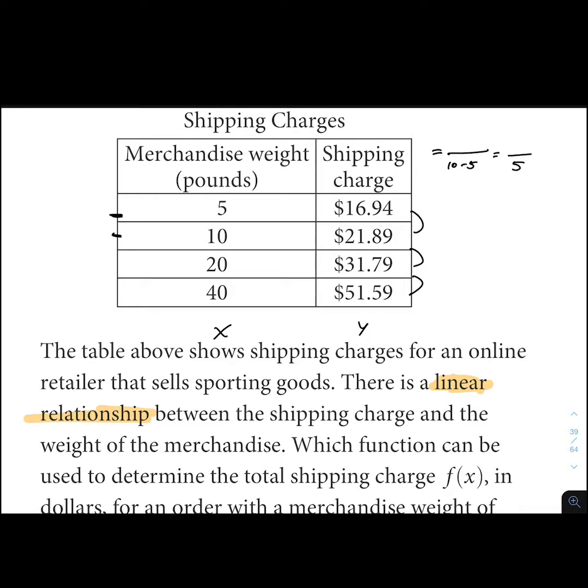So I had to do some dividing by 5 in the end to find the slope. If I was to pick now, let's say these two, it'll be a 20 minus a 10. That'll be a 10 on the bottom for my slope. And let's say maybe these two, a 40 minus a 20.